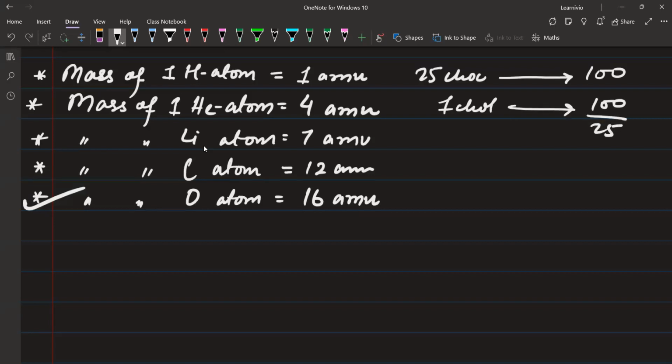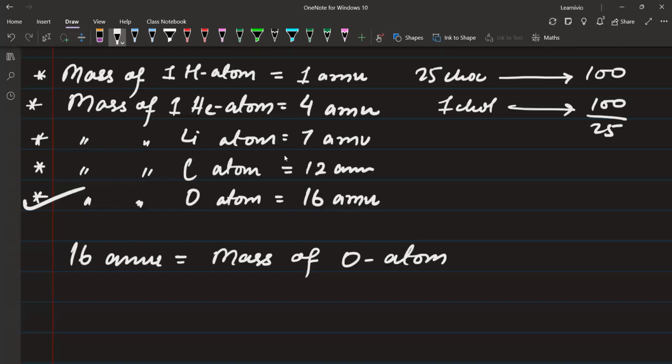Yes, sir. Okay, that is all we have to do. So we know that 16 AMU is equal to the mass of an oxygen atom. We already know this, right? So 1 AMU will be equal to 1 by 16 of the mass of an oxygen atom.